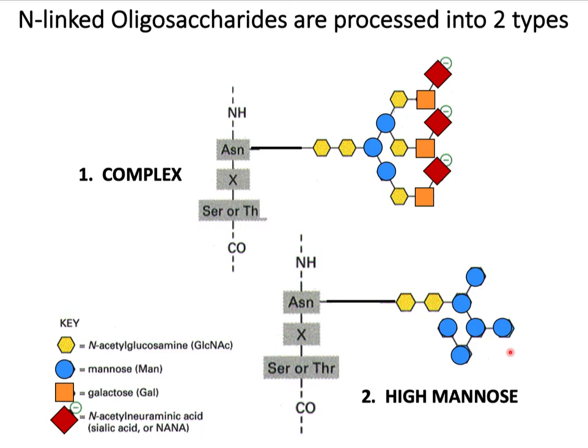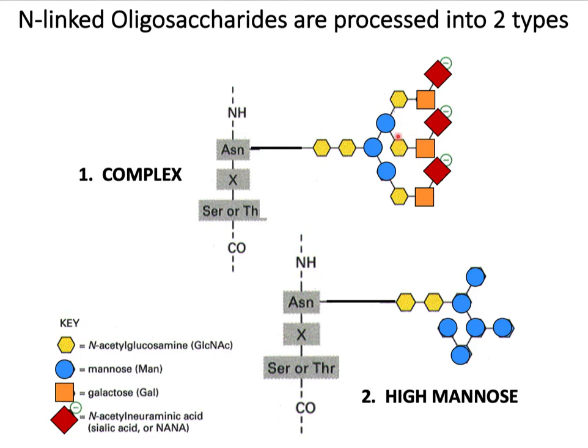You get some trimming in the ER and some additional trimming in the Golgi apparatus, and you end up with this high mannose sugar. Now, we are not going to consider these too much more in the course. The one that we are really going to look into is this complex N-linked oligosaccharide modification on secretory proteins.